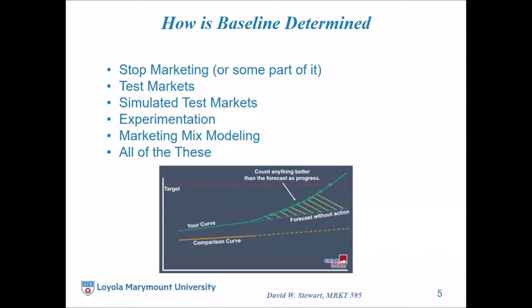There are also some firms that offer what are called simulated test markets. These are really very sophisticated surveys. So rather than going into a whole big market like Fresno, what they will do is recruit customers to participate in a survey.